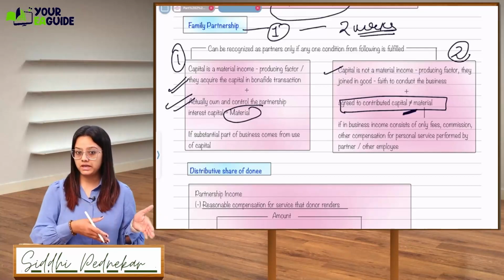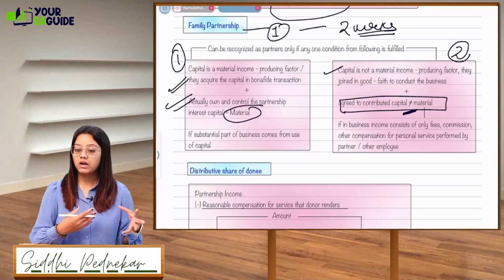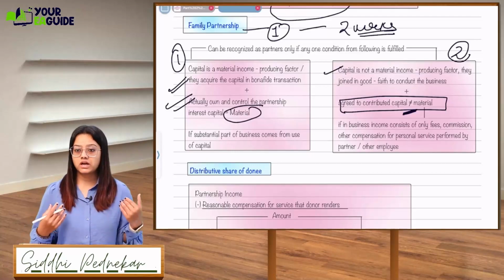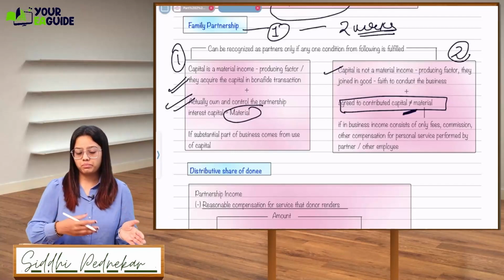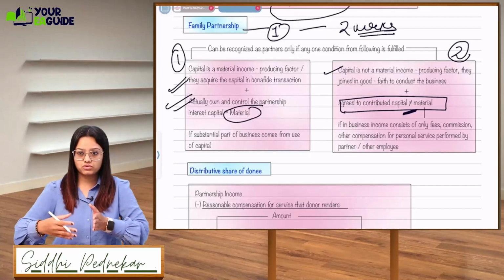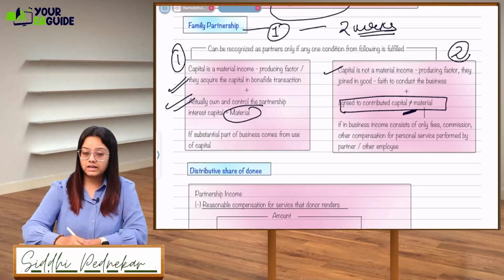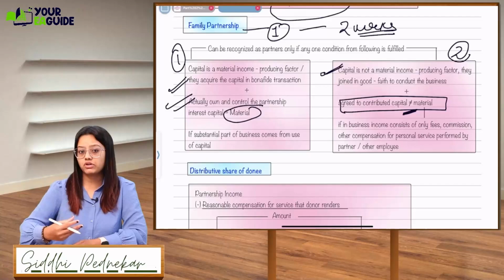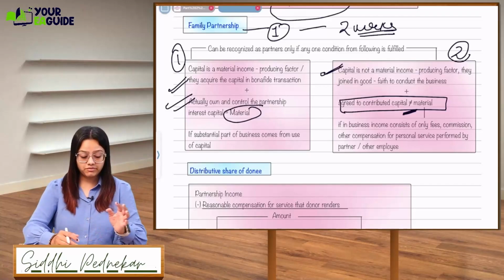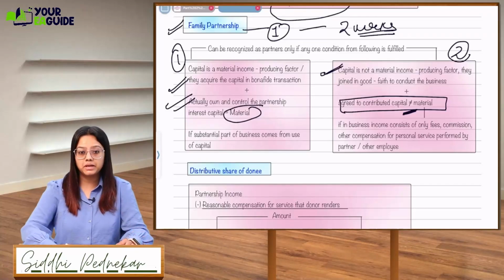So that is capital as a material income producing factor. Let's say we both are EA, okay, and we started a firm, right? Now she is not an EA, she is just providing some other services to the firm, right? In that case, she is not providing her skills to the firm, she will not be called a partner. It will be seen basically in family partnership.